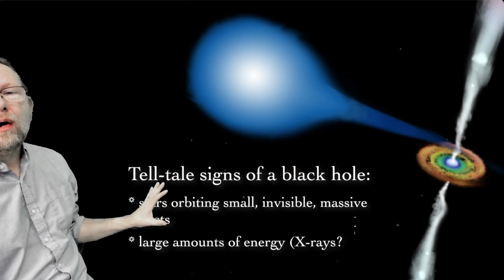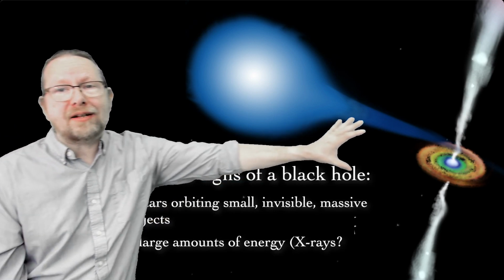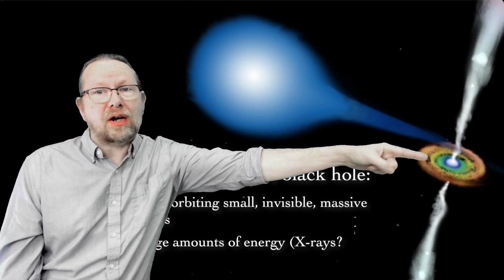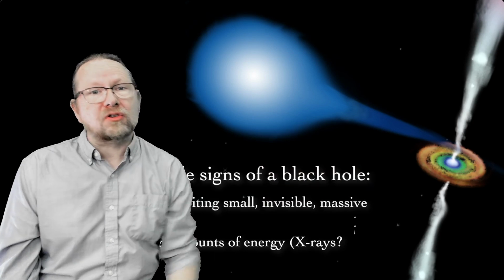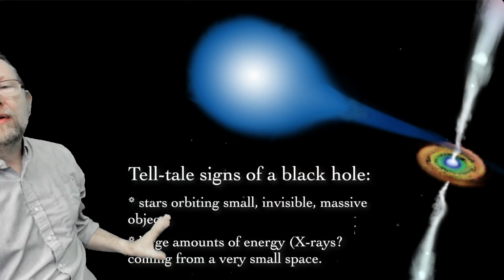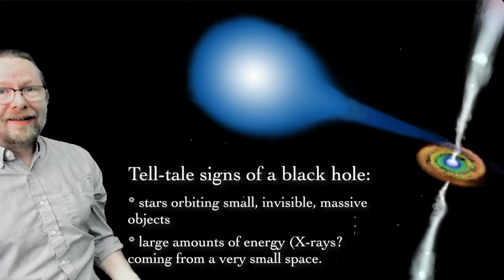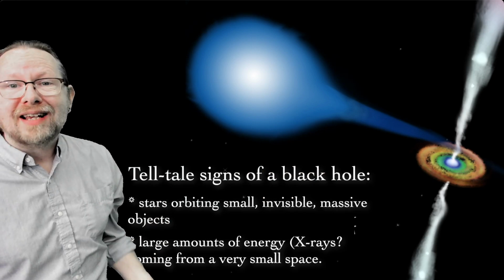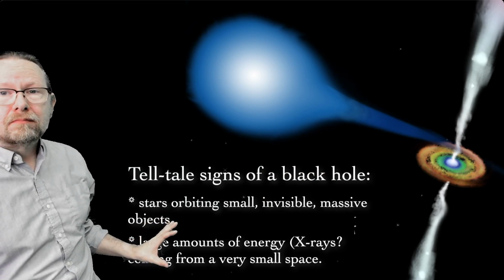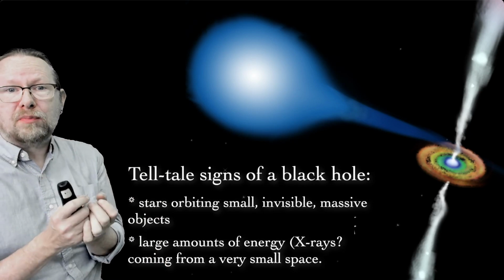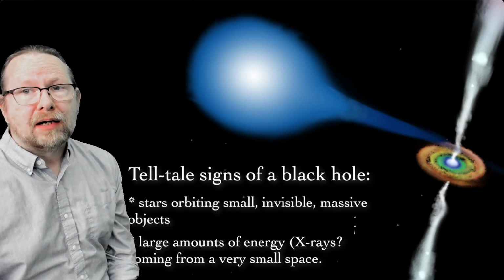We can also imagine very large amounts of energy, X-rays and gamma rays, from this very hot material spiraling into the black hole, coming from a very small space. If you've got enough energy in a small enough space, that thing with that much energy in that small space could be a black hole.